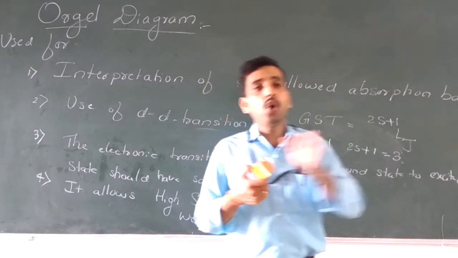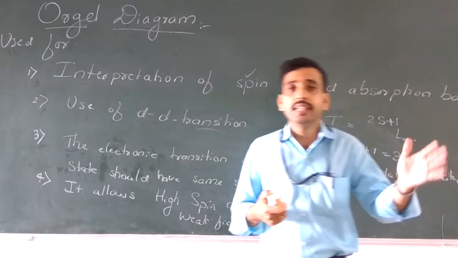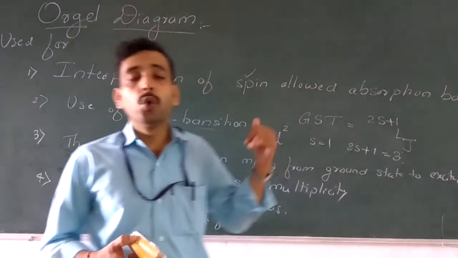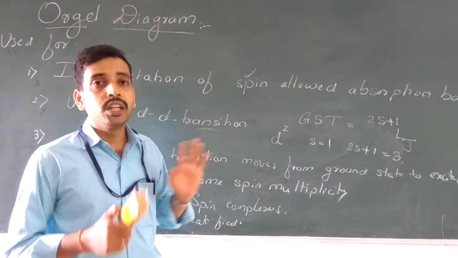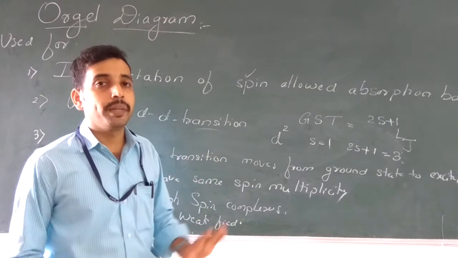When the energy gap increases, it moves to the UV region. That's why it allows only high spin complexes, not low spin complexes.